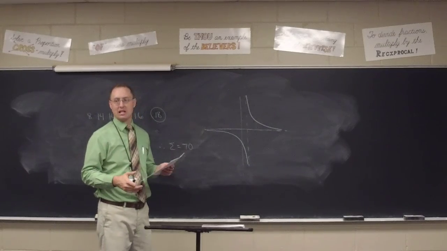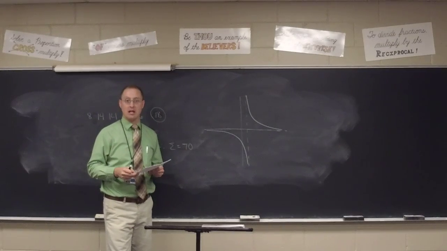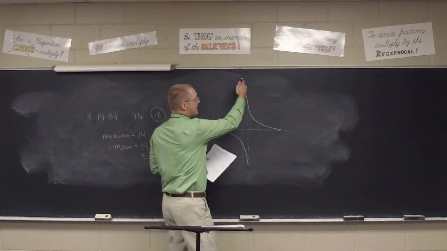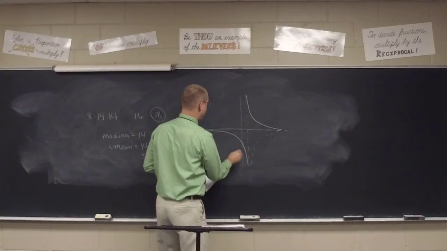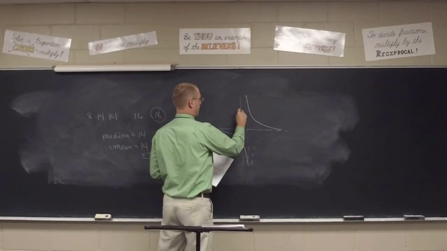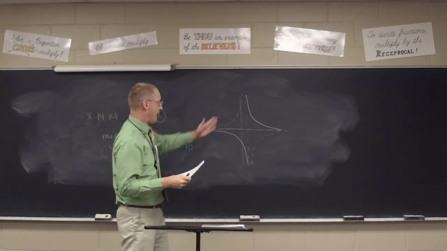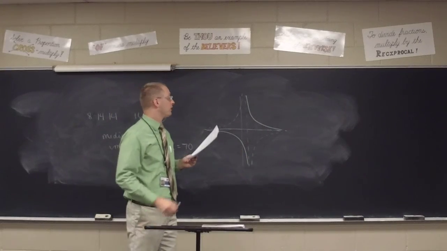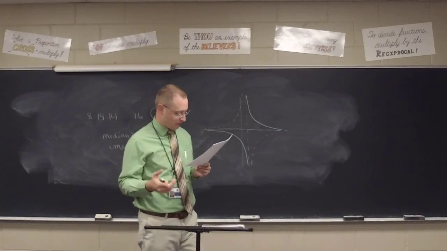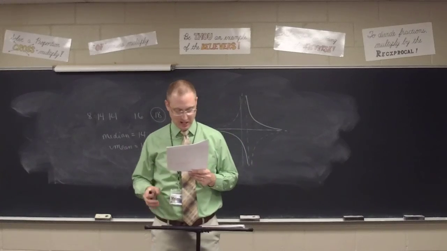Do you remember what a negative does to a graph? Flips it. So that this, if you were to flip it, would look like that. And this, if you were to flip it, would look like that. Which graph looks like that, class? Letter F. Letter F would be the flipped graph. So letter F is our answer.